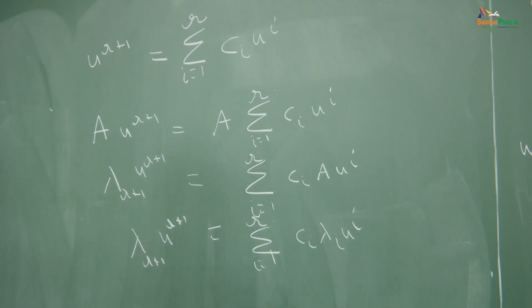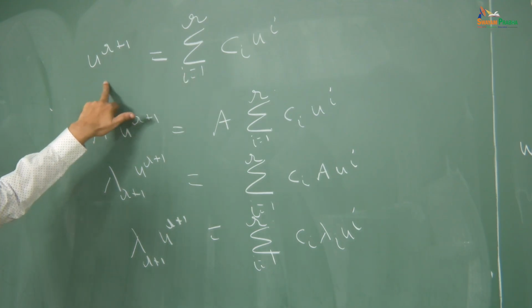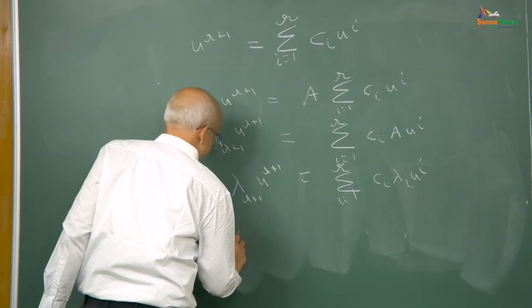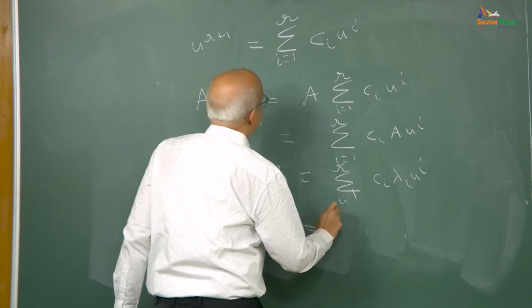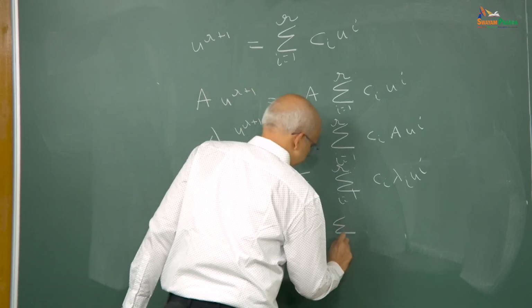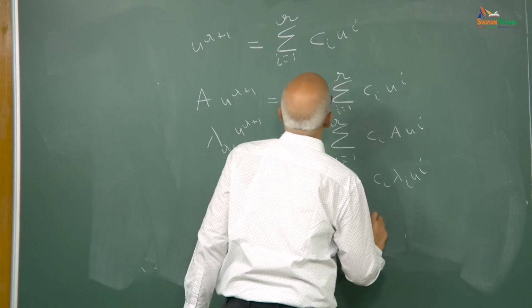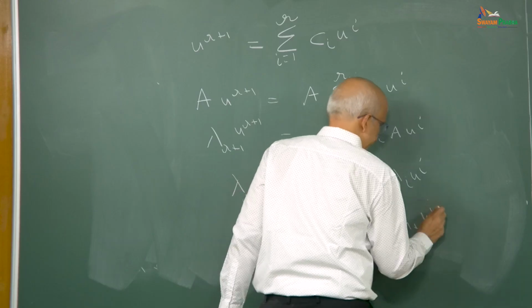The other thing I can do is multiply this whole equation by lambda r plus 1. I am going to multiply this first equation by lambda r plus 1. What do I get? Sigma i equals 1 through r, Ci lambda r plus 1 ui.